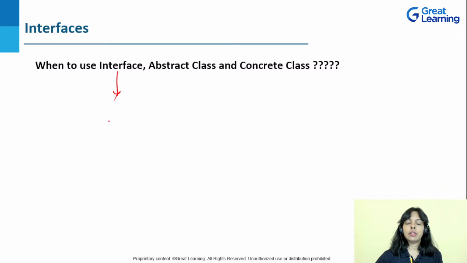When we make use of interface and concrete class, basically these two, you will understand the difference. Whenever we have to use the outline of any code, for example, suppose I want a bank module, and in this bank module there should be two common functions, withdraw and deposit.